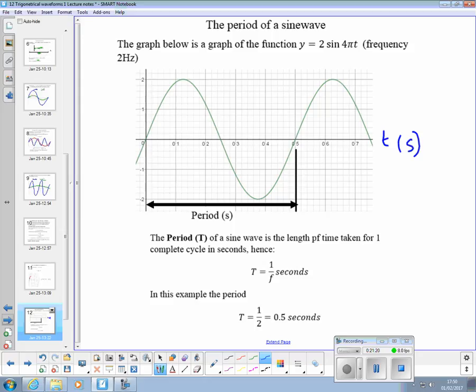Therefore, one cycle here takes 0.5 seconds. We can always find the period of a sine wave from the formula T is equal to 1 over f. Consequently, we can find f as being 1 over T. They are reciprocals of each other. So if we know the period, we can find the frequency. If we know the frequency, we can find the period.